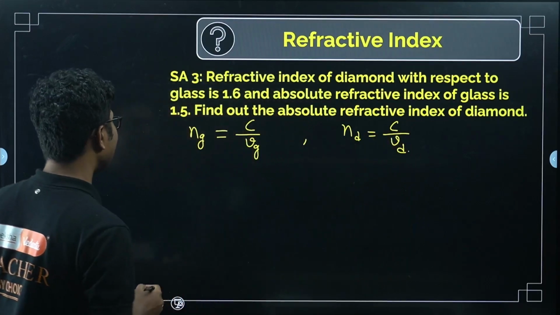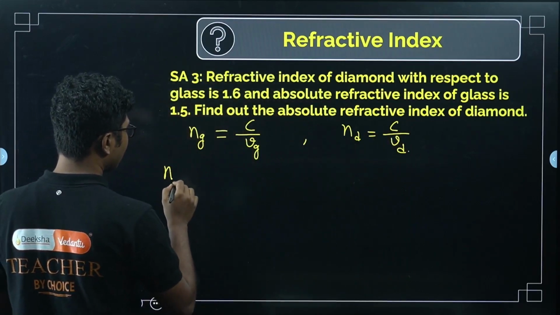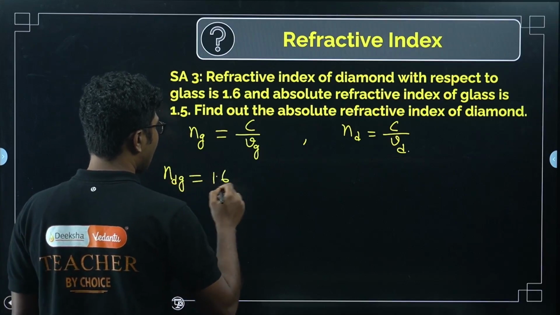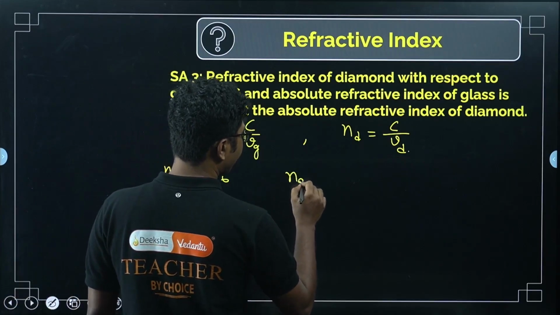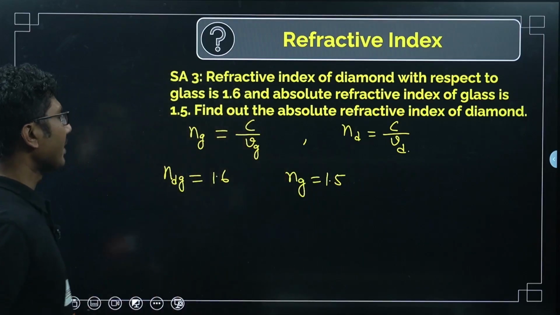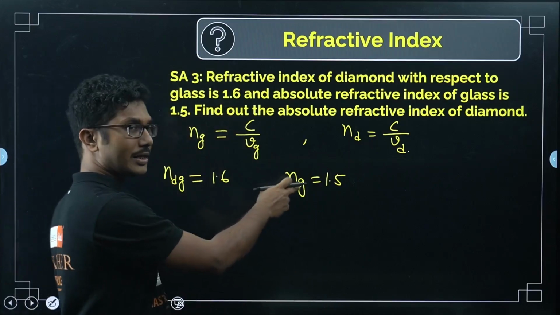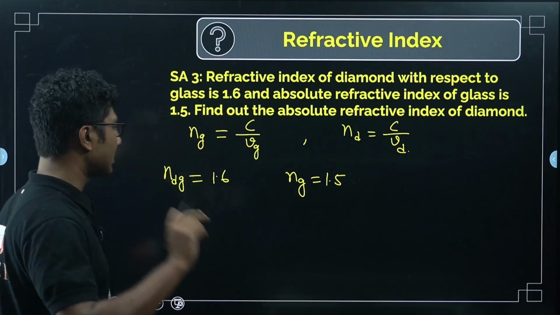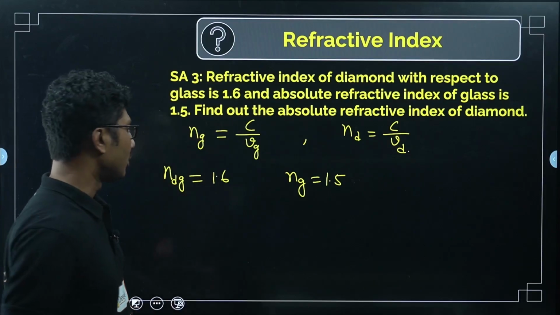Also what is given is refractive index of diamond with respect to glass is 1.6 and absolute refractive index of glass is 1.5. Generally absolute refractive index is denoted by only one subscript, and refractive index of one medium with respect to another is denoted by two subscripts.